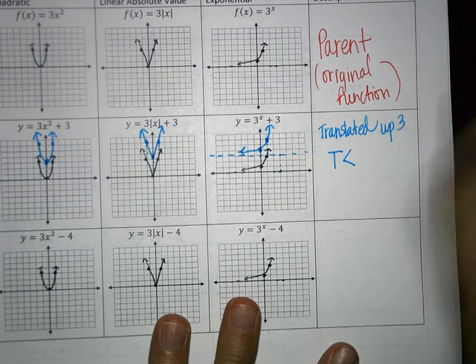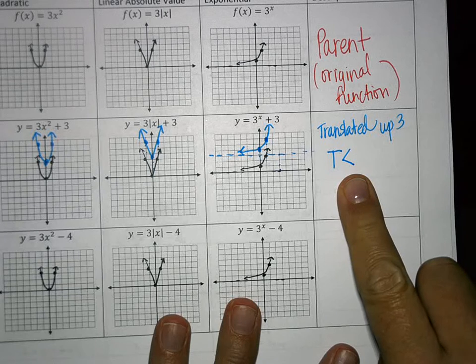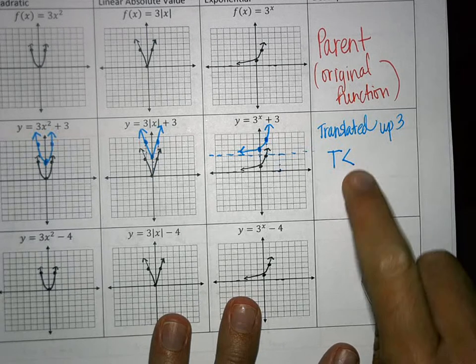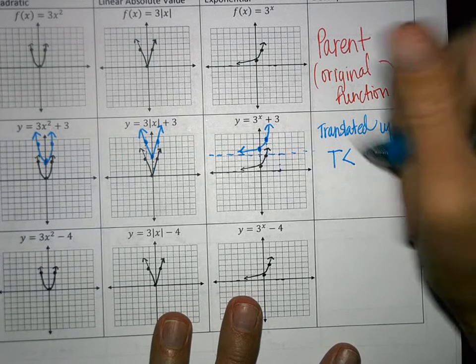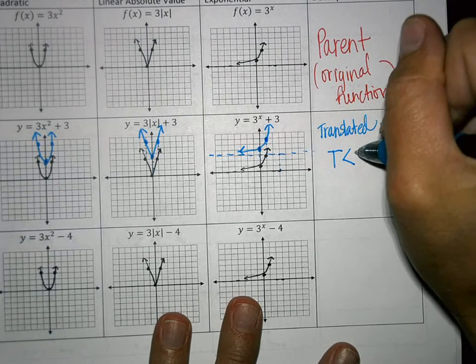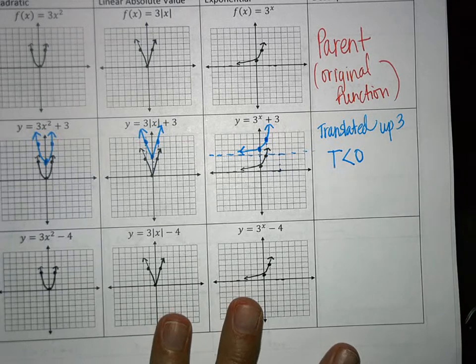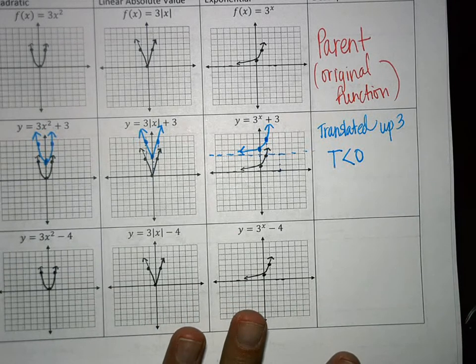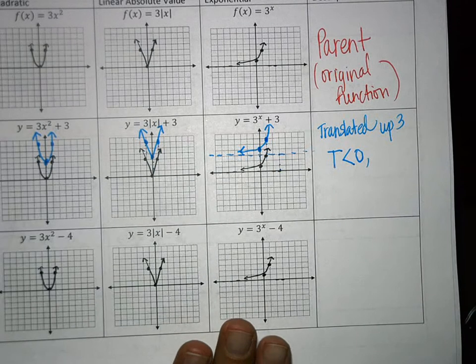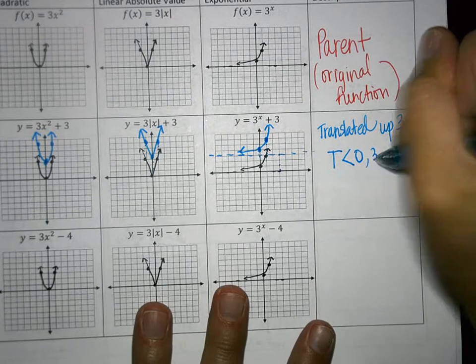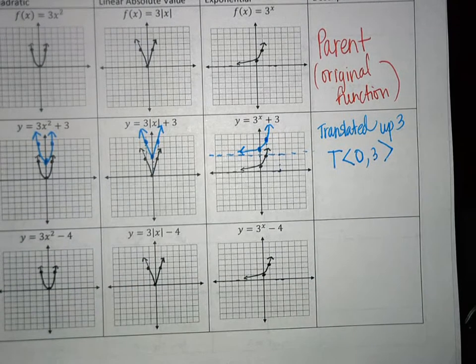And I'm not sure what that's called. Does anybody know what it's called? It looks like a less than sign, but yeah, whatever. So that symbol. And then it didn't change on the x-axis. And so it's a 0 in the spot where you would write an x because we did not translate right or left. And then in the y part, it translated up 3, which is a positive 3. And so you will see it written like that.